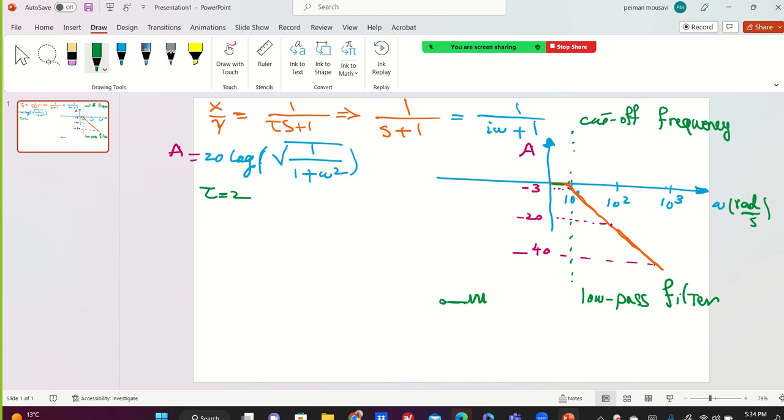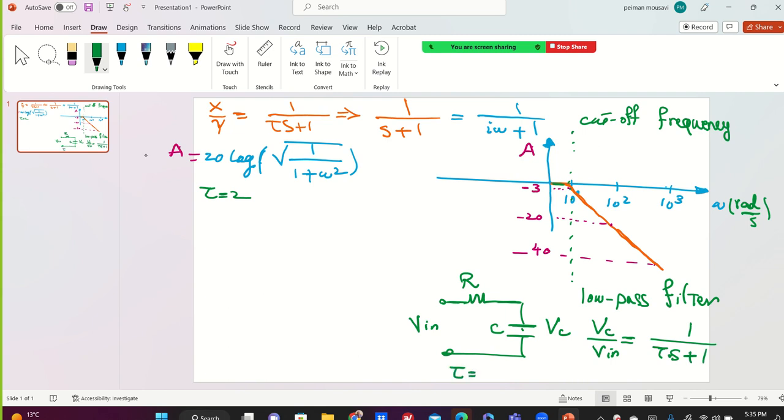It means that if you have the RC circuit as the first order system, V in, RC and VC, and we found VC over V in, we did together in MATLAB and mathematics, it was again 1 over tau s plus 1, remember? And the tau of this first order system was RC, resistor and capacitor.